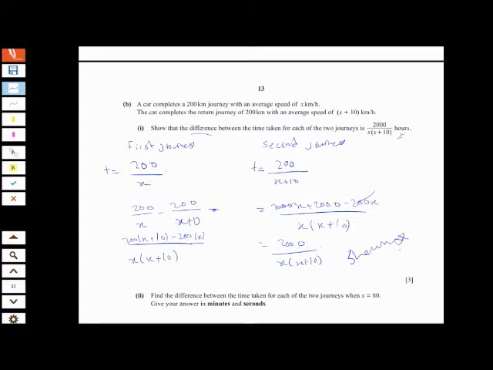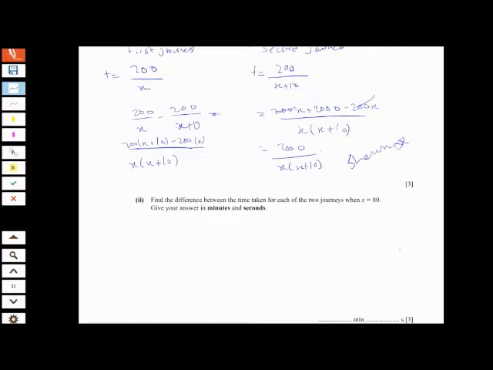And now find the difference between the time taken for each of the journeys when x equals 80. Give your answer in minutes and seconds. We have the equation t equals 2000 over x times x plus 10, and now we have the value x equals 80.